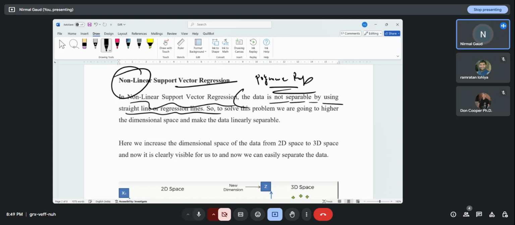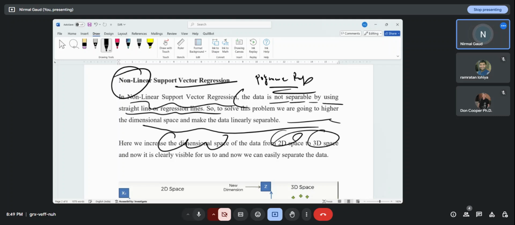So to solve this problem, we have to use higher dimensional space, and then we have to make them linearly separable. See, you have to apply some trick to separate it. Without that, it's not possible. So what trick are you going to apply? We'll increase the dimension space from 2D to 3D.